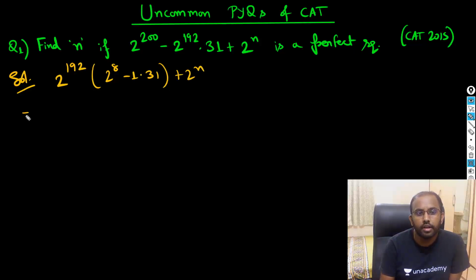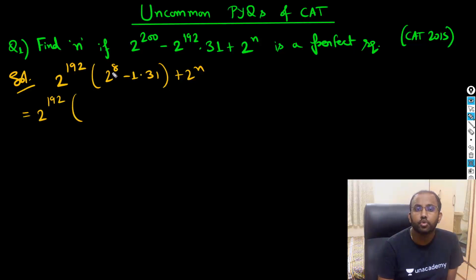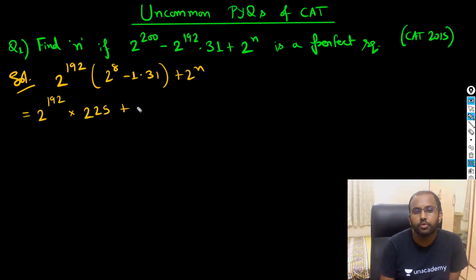So what I'll get now is 2 raised to 192, and this becomes 2 raised to 8, which is 256, minus 31, so this becomes 225. So it's 2 raised to 192 into 225 plus 2 raised to n.